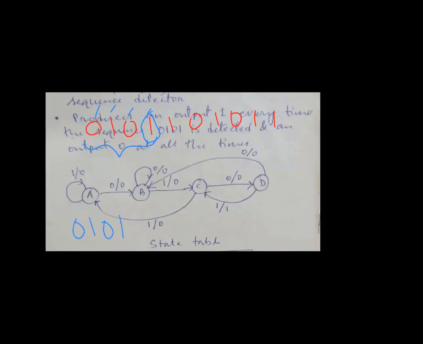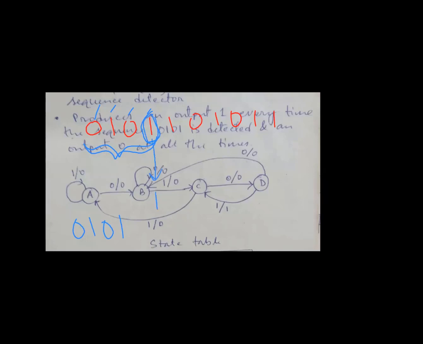So when we get this last 1, we look at the last 4 bits. The last 4 bits are 0101. That means we got our sequence. So when we get this one, our output is 1.